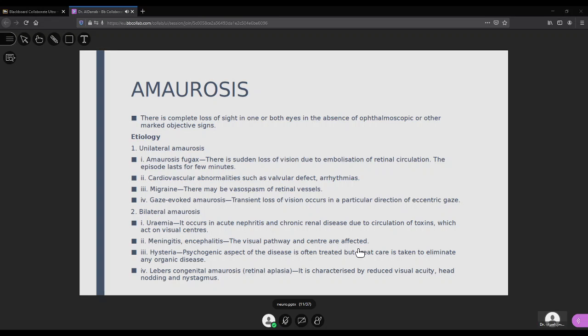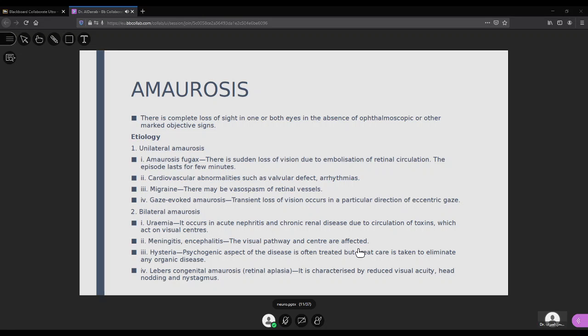Amaurosis: there is complete loss of sight in one or both eyes in the absence of ophthalmoscopic or other marked objective signs. Etiology, unilateral amaurosis: amaurosis fugax. There is sudden loss of vision due to embolization of retinal circulation. The episode lasts for a few minutes.